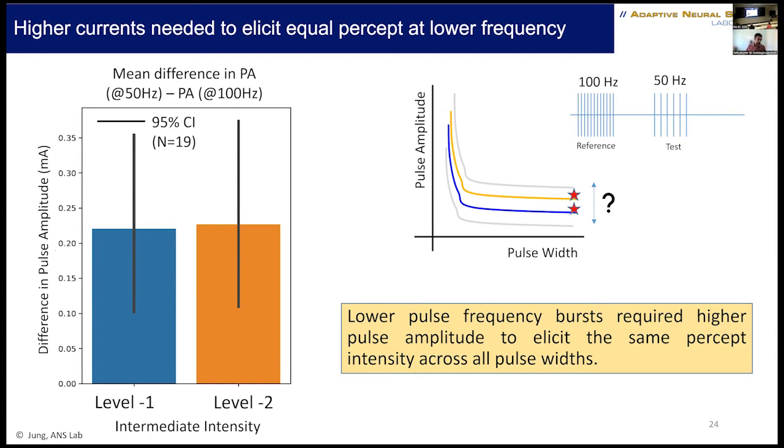What one would expect based on the current understanding of how percept intensity is translated physiologically is that at a lower frequency, you would need a higher amplitude to elicit the same percept intensity level. So if you subtract the amplitude between lower and higher, you should get a positive value, which is what you see in this plot.